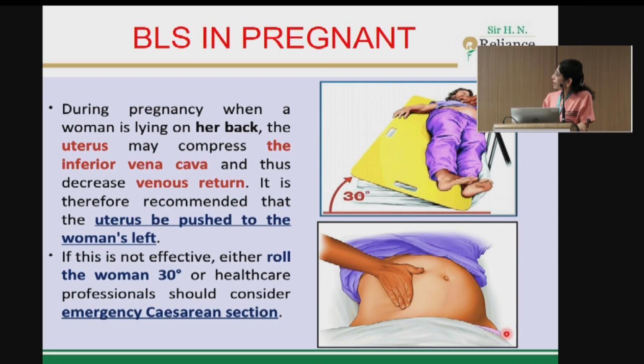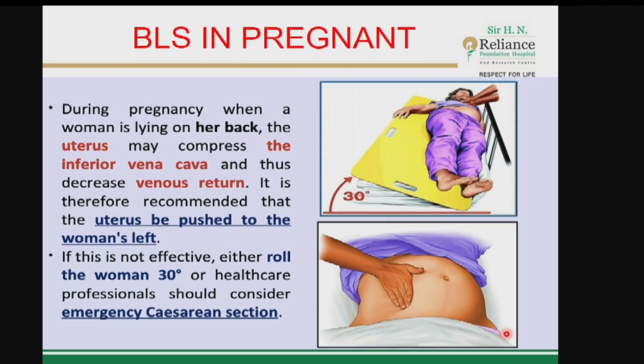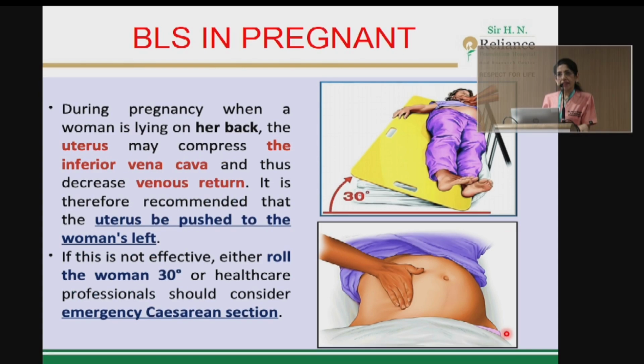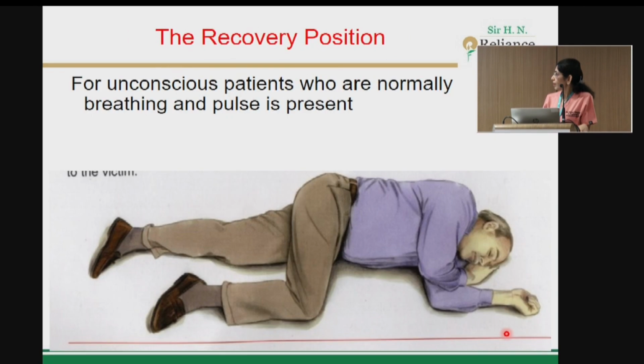All these steps we have discussed. Now, in case of a pregnant patient, the uterus presses on the inferior vena cava and it will hamper the venous return. So, in case of a pregnant patient, push the uterus to the left side, or you can give a 30 degree tilt and push the uterus to the left side, and the steps of the CPR remain the same.